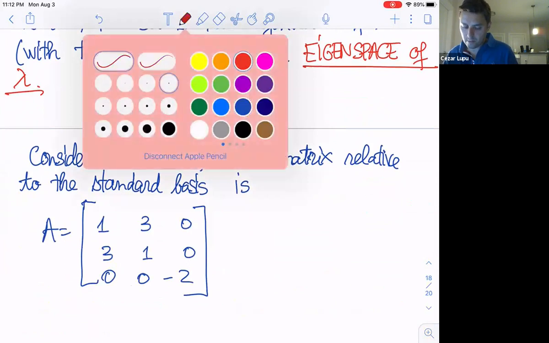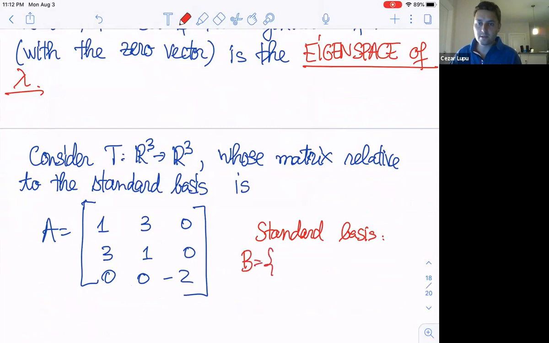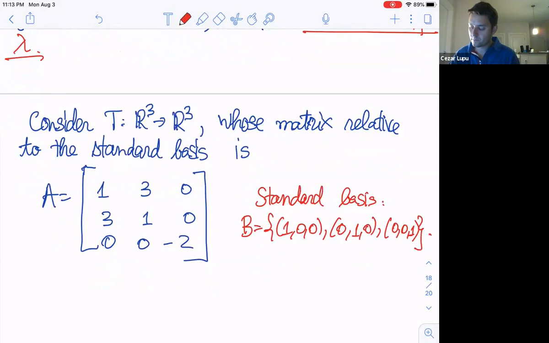Let me remind you that the standard basis for vectors in R3 is given by the following. So it's B. It will consist of these vectors 1 0 0, 0 1 0, and 0 0 1. This is the standard basis.